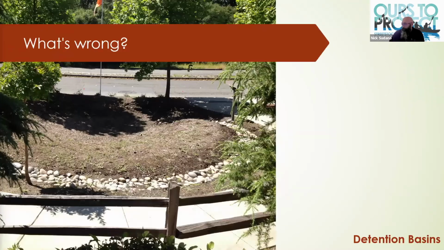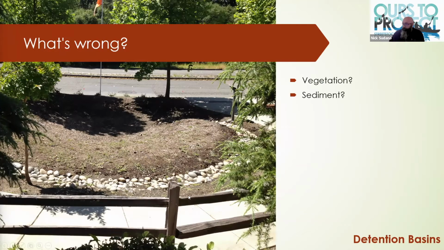Again, here's a common one that we would see when looking for potential issues. Where's the vegetation? Do we have some sedimentation issues going on here? We obviously don't have the plant establishment, so from a maintenance perspective we would come back and require the owner to revegetate and reestablish this.